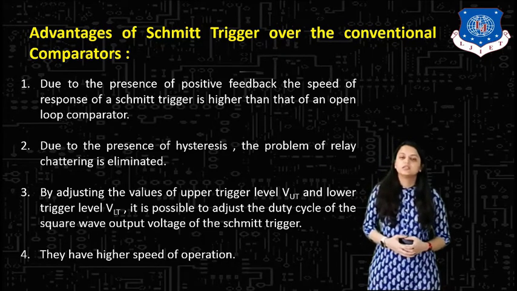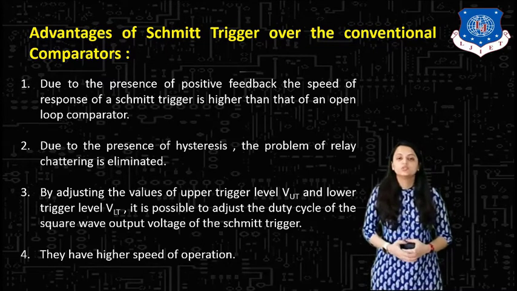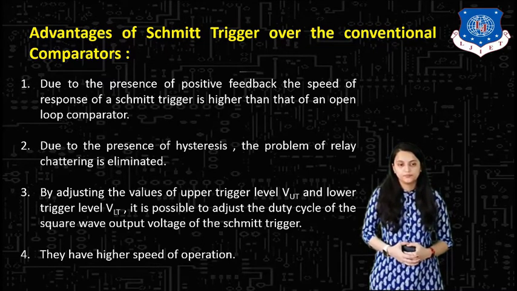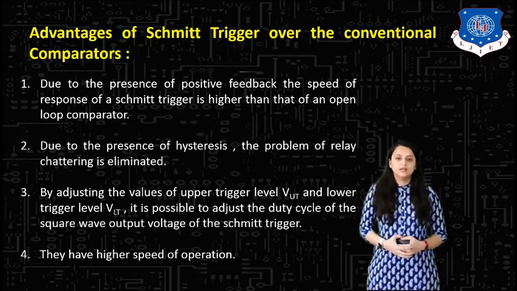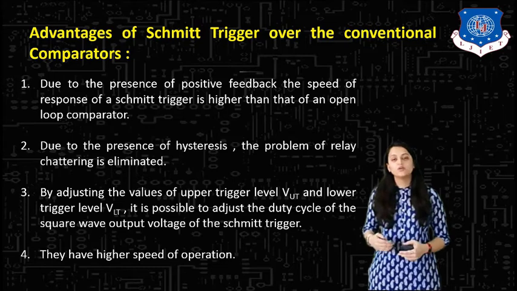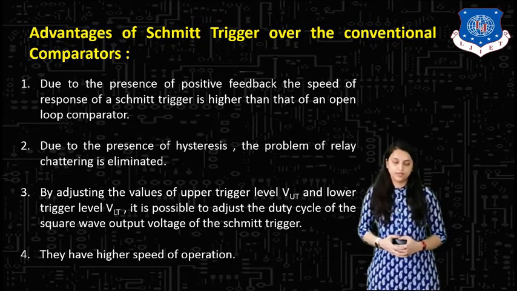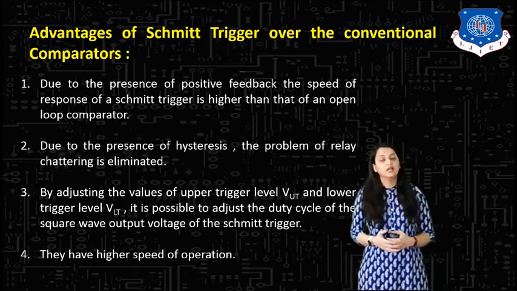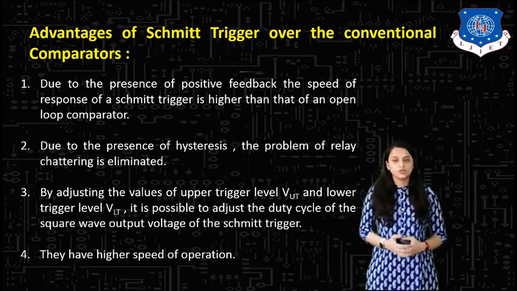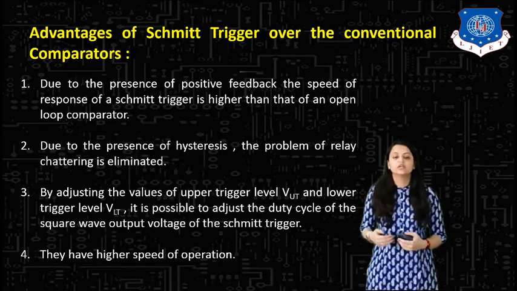So we can decide the on and off times of the output wave voltage using the Schmitt trigger. Number 4 is that they have higher speed of operation. That means they respond faster compared to conventional comparators, which is again an ideal and desired characteristic. So these are the 4 advantages of the Schmitt trigger over the conventional comparators.